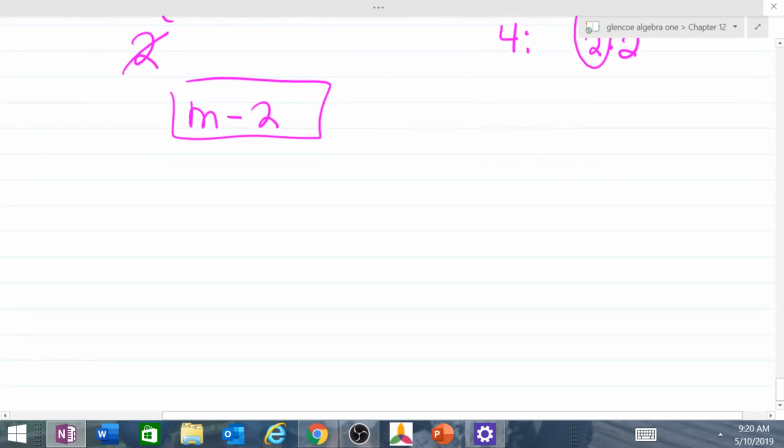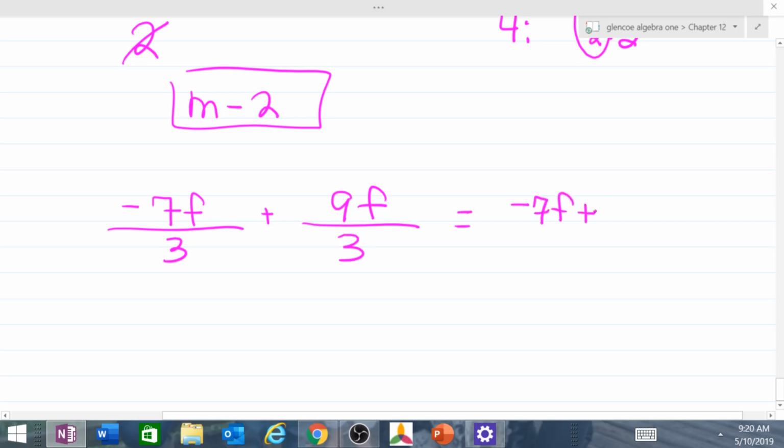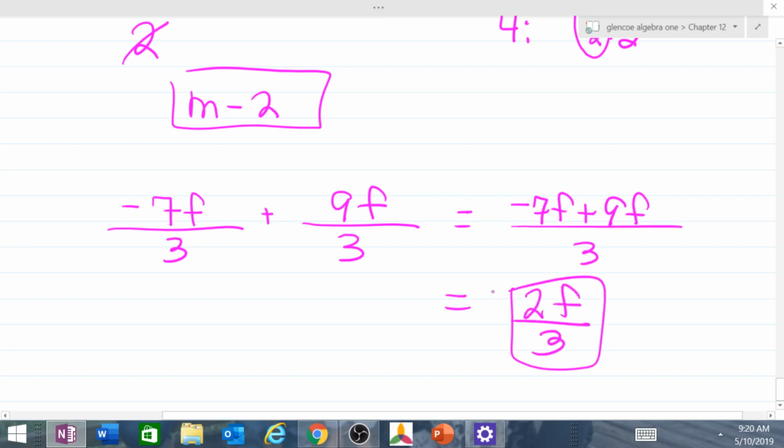Let's try this problem. Negative 7f over 3 plus 9f over 3. So we're going to add negative 7f plus 9f over 3, and we get 2f over 3.